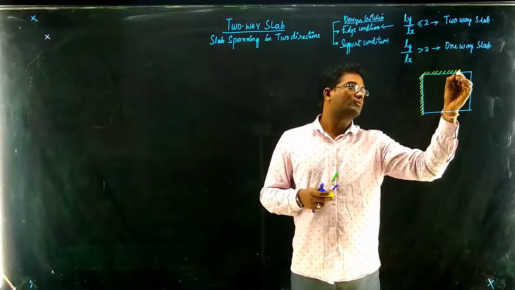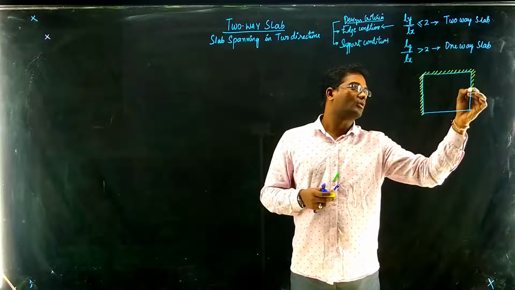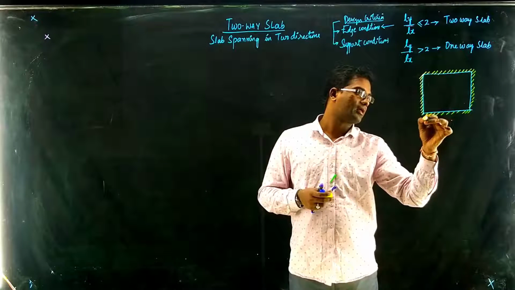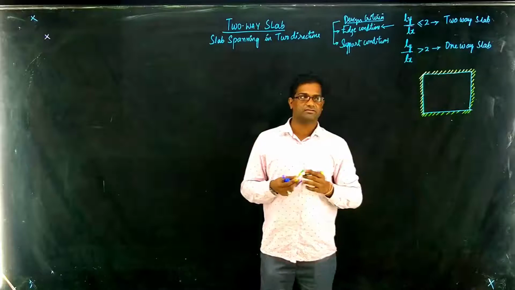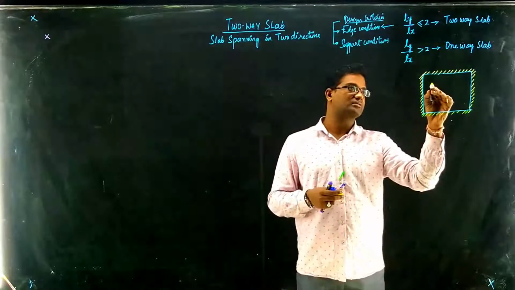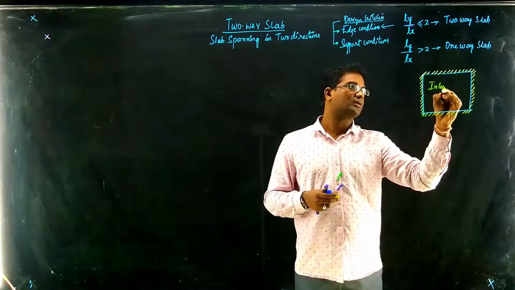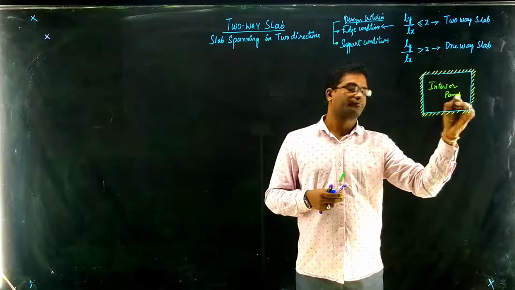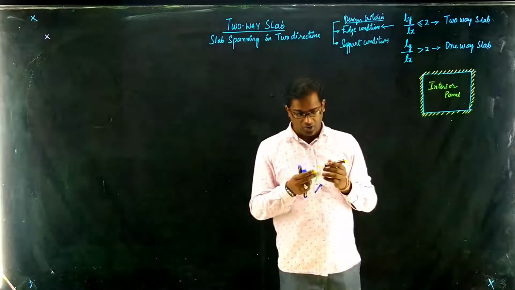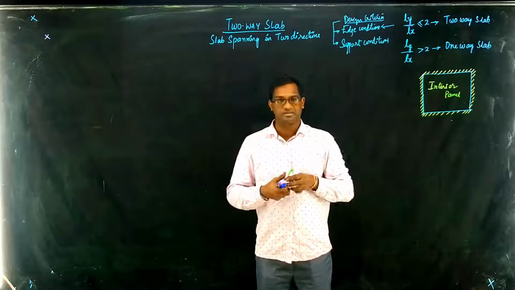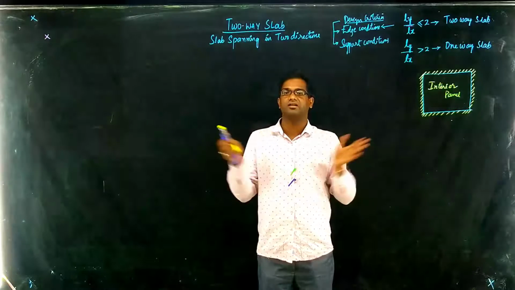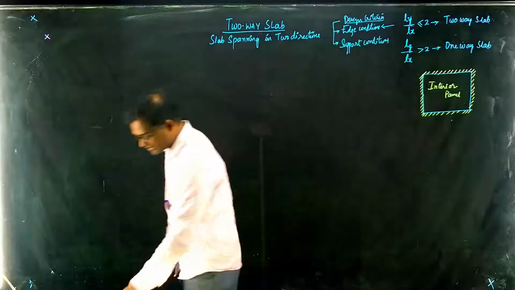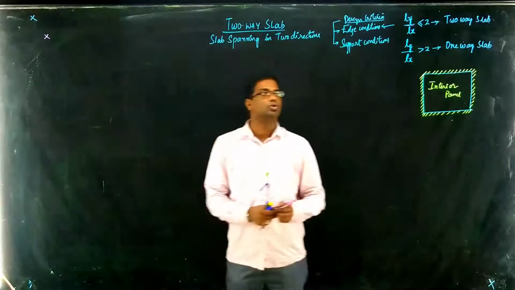Now, when all sides are supported and all sides are continuous, this is an interior panel. We categorize this as an interior panel. Now, how different are these slabs compared to one-way slabs?